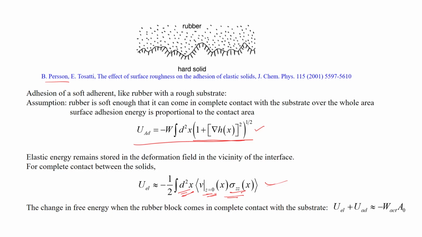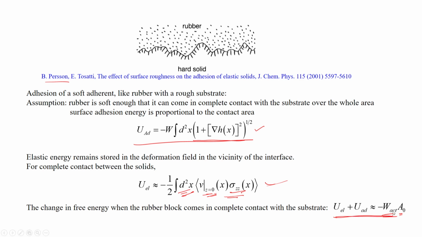So basically these two energies take into account that excess part. That is the nominal energy, and W means the actual work of adhesion, into A0, the nominal area. So this relation gives the change in free energy because of this rubber material coming in contact with this rough surface.